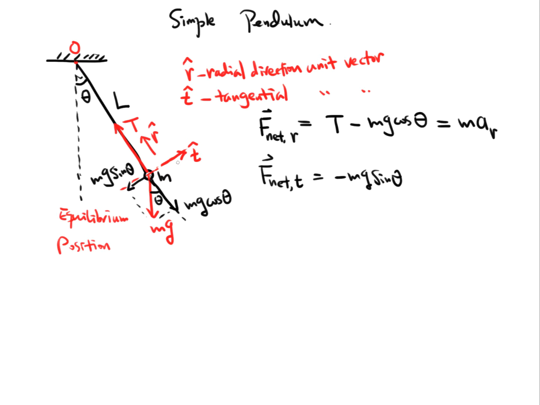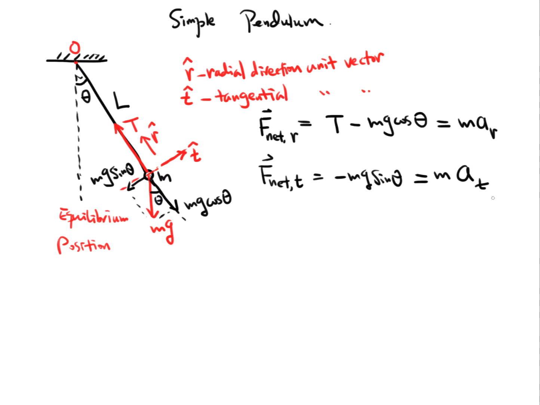And we define this tangential direction as positive because this direction is along the direction that increases theta's value. So if theta increases along this counterclockwise direction, we say that direction is positive. Okay, so now mg sine theta is opposite to that, so that's why it has a negative sign. And that equals m a tangential.